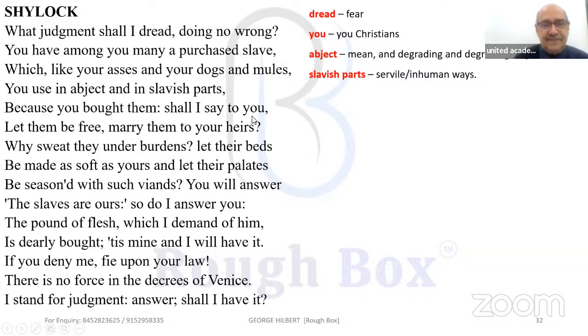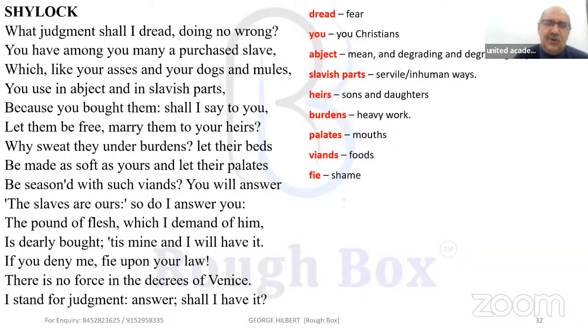Shall I say to you, what if I told you, marry them to your heirs? Get your slaves married to your sons and daughters. Why sweat they under burdens? Why do you make them slog and work so hard? Don't do that. Let their beds be soft as yours.